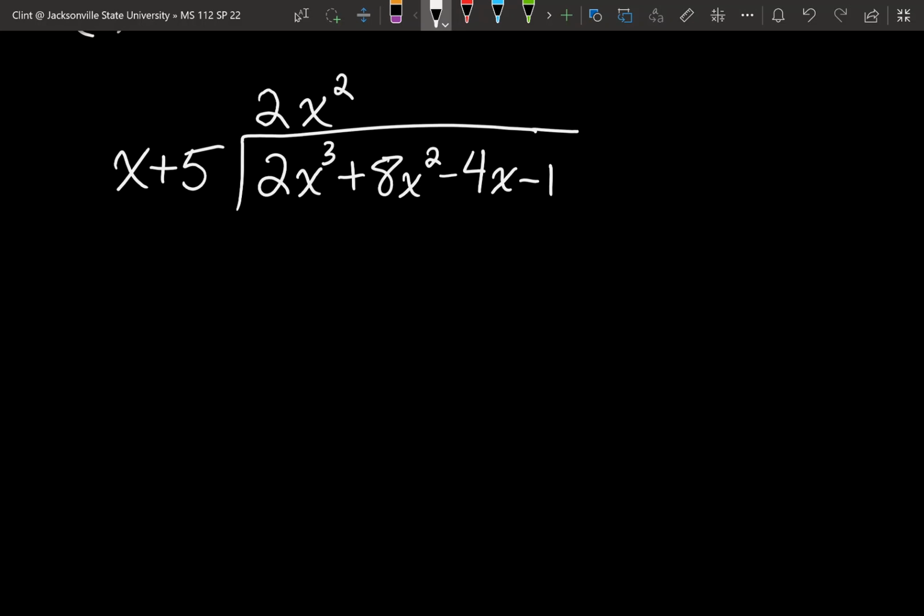Now we multiply. We got to multiply every term in the divisor. So 2x squared times x is 2x cubed. These should always match when you multiply. If not, we did something wrong. And then 2x squared times 5 would be 10x squared.